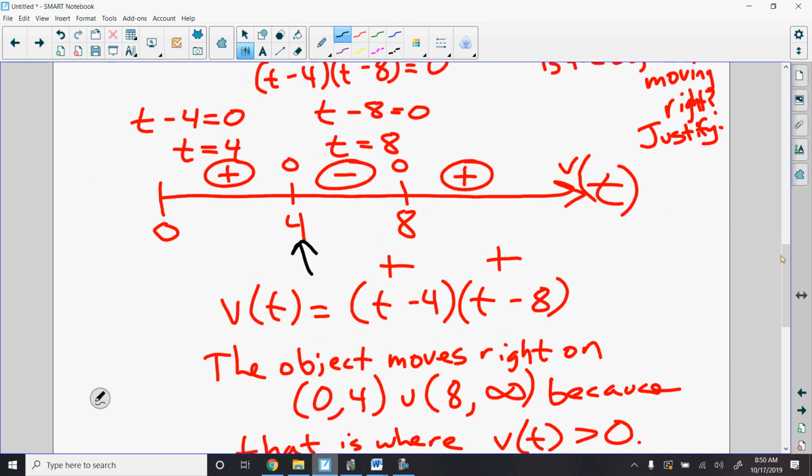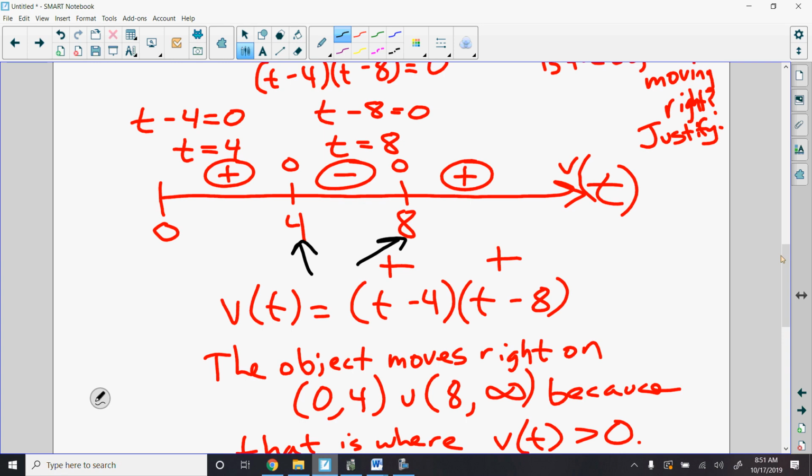We can see here at t equals 4 and at t equals 8, the velocity does change signs. So those would be examples of places where an object changed direction. Notice at t equals 4, the velocity switches from positive to negative. At t equals 8, the velocity switches from negative to positive. Both of those places are times when this object would have changed directions. Okay?